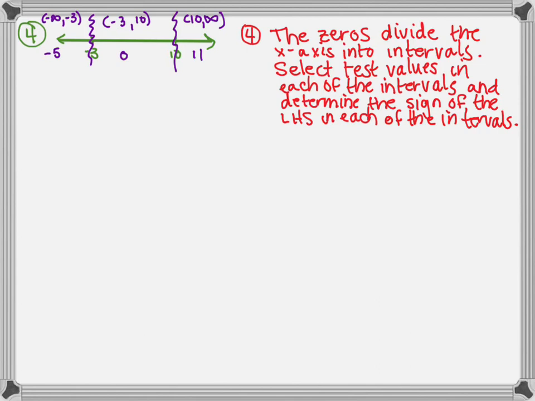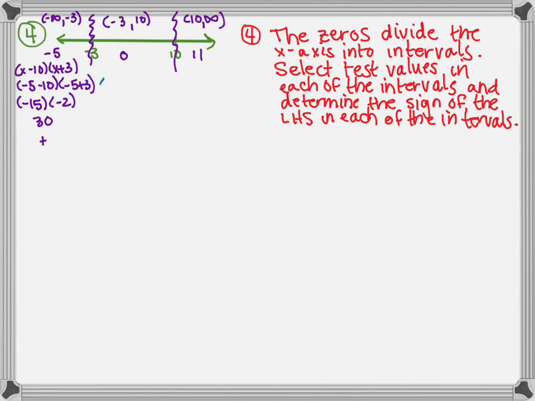Now we're going to substitute these values into the left-hand side of our factored expression. So x minus 10 times x plus 3. So negative 5 minus 10 times negative 5 plus 3. I get negative 15 times negative 2, which is positive 30. So values in this interval will be positive.